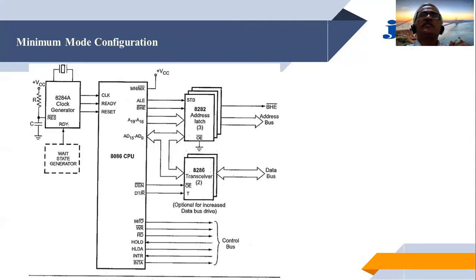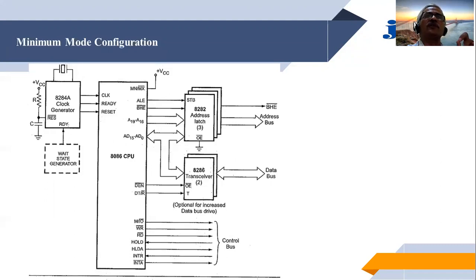As can be seen here, though differences are there between the 8085 and 8086, there you have the 8-bit data bus, here we have a 16-bit data bus. There you have the 16-bit address, here we have the 20-bit address. Those differences are to be kept in mind.